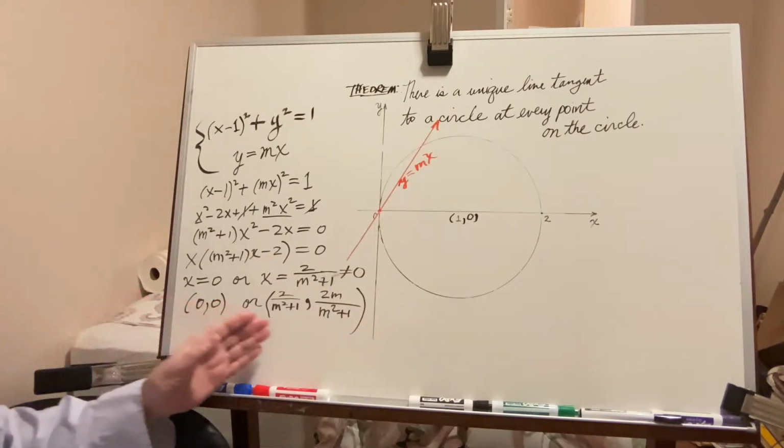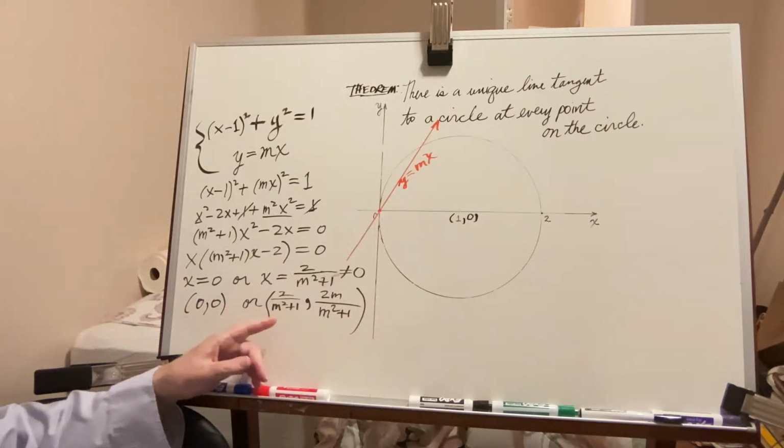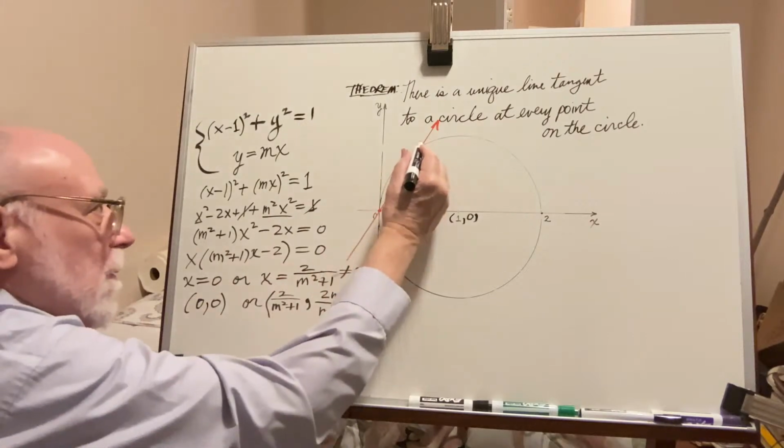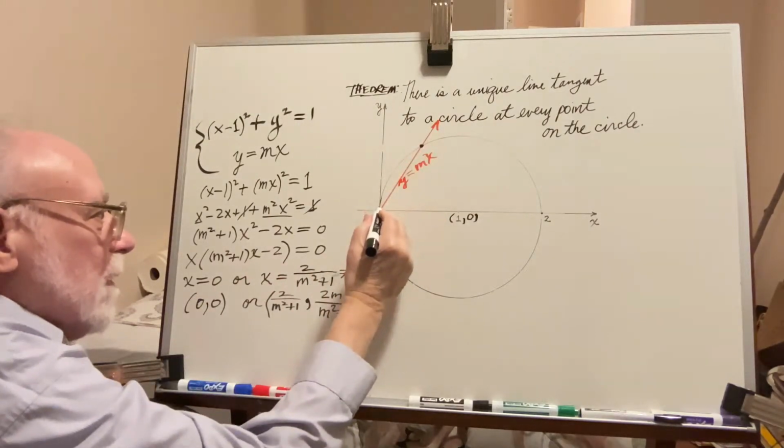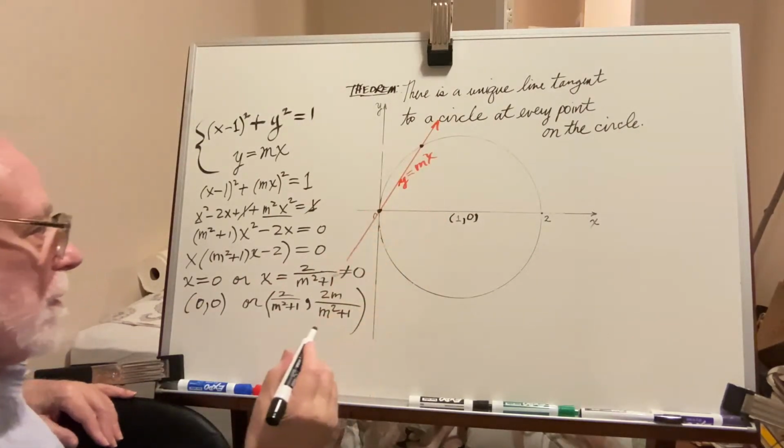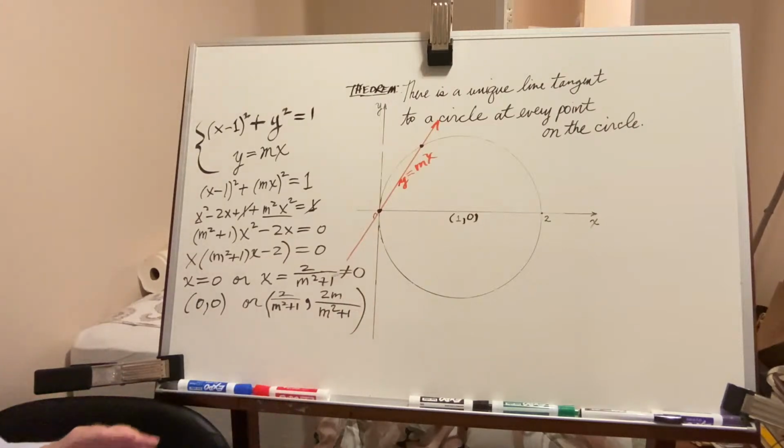So there are two distinct solutions to any other line through the origin. So that really ensures that the y-axis is the unique line tangent.